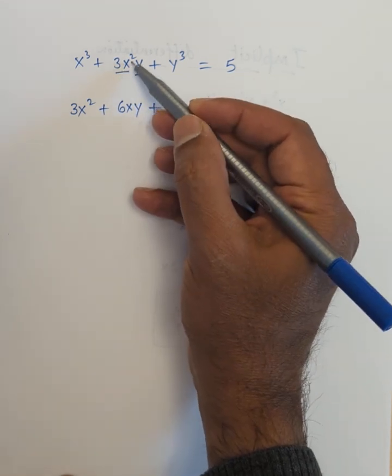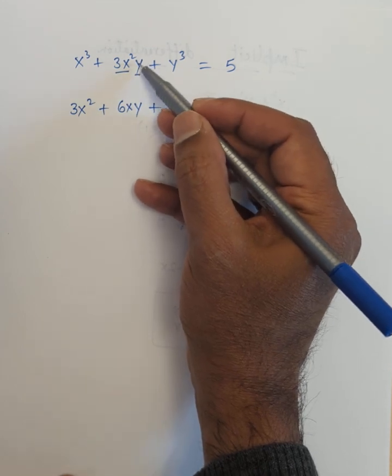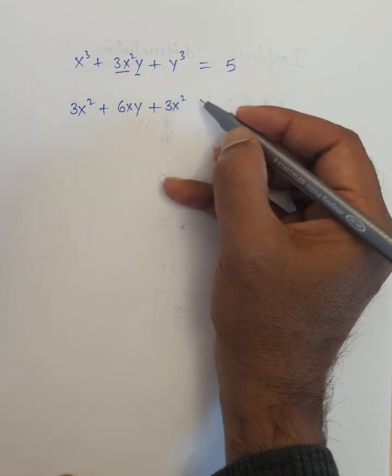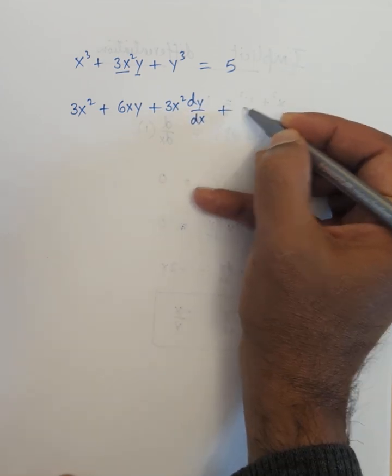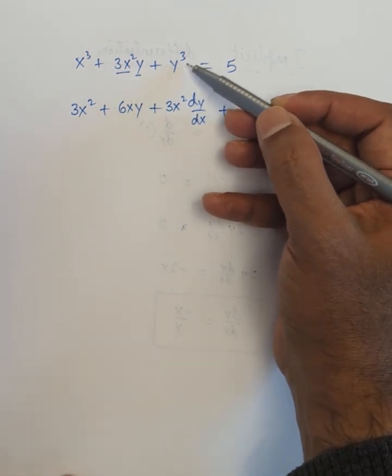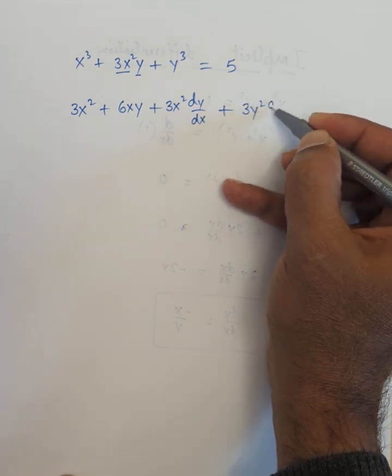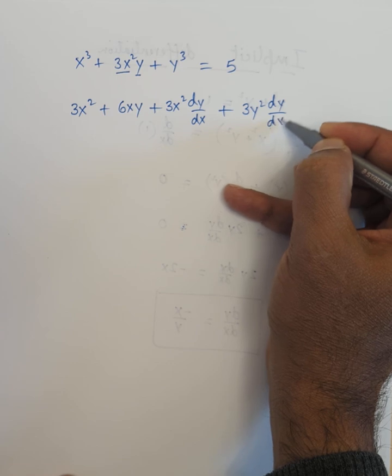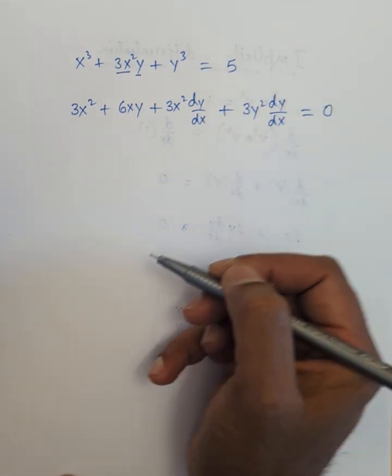Plus, now fix the first one, 3x squared, and take the derivative of the second function. So the derivative of y is dy over dx. Plus, now y cubed's derivative is not just 3y squared, but you have to multiply by dy over dx as well. Equals the derivative of 5, which is just 0.